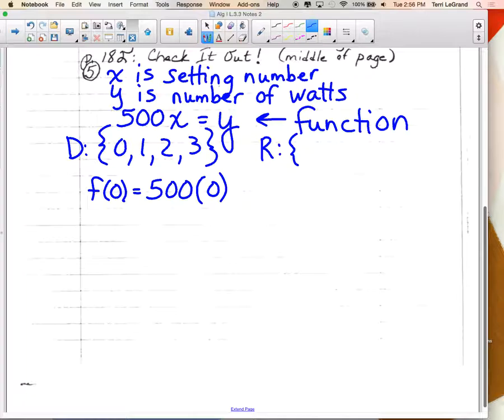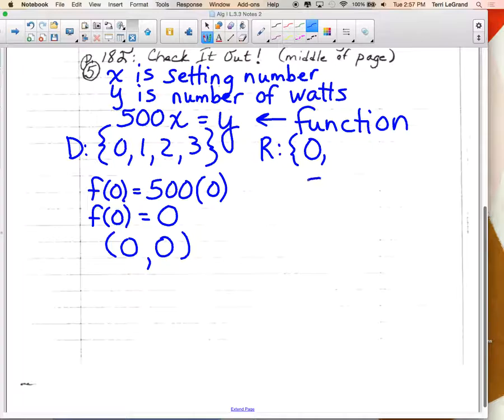We're going to evaluate the function we wrote for the given inputs we put in our domain. So the output when x is 0 is what? 0. Doesn't that make sense? Heater's off at 0, no wattage being used. So we have ordered pair what here? 0, 0. We just found our first member of the range, did we not?